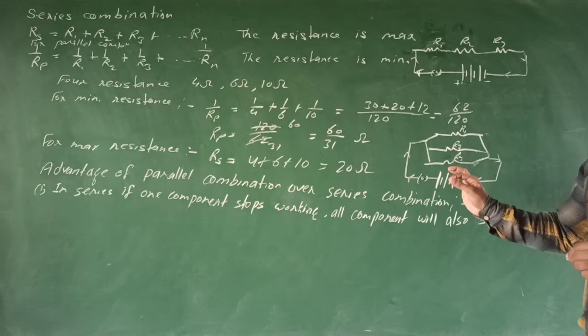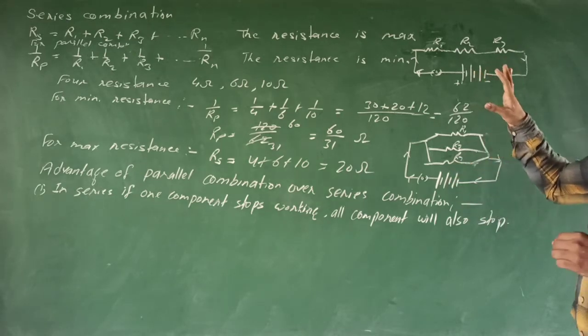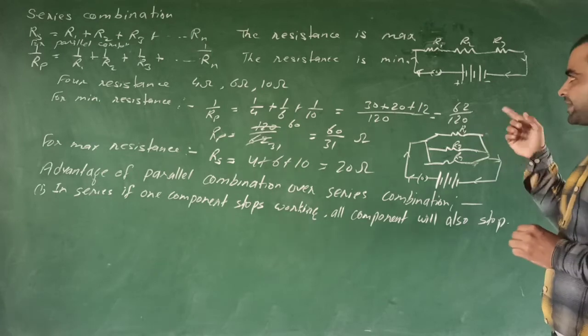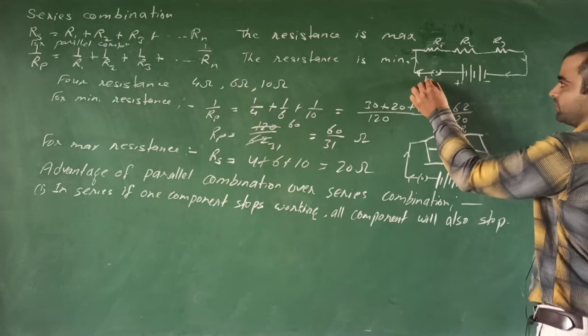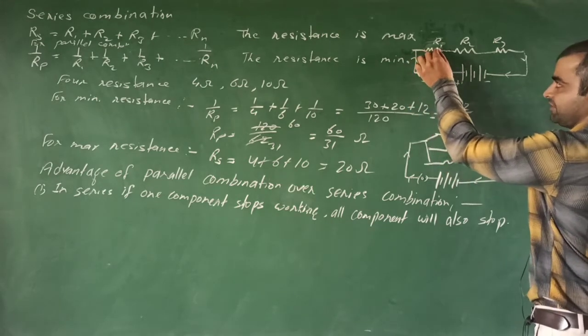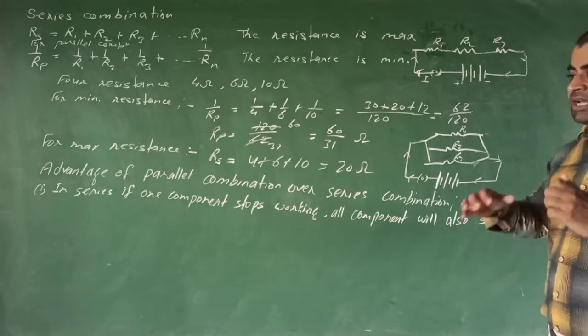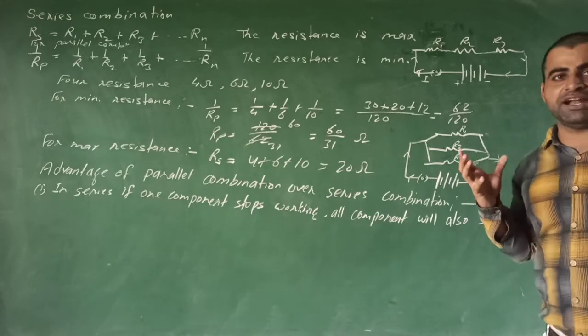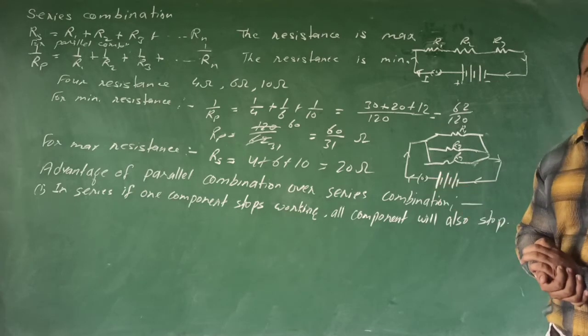If one component stops working, all components will also stop. And next, if we give any amount of current, the current will be the same for this, same for this, and same for this. Means the current required for different components may be different.